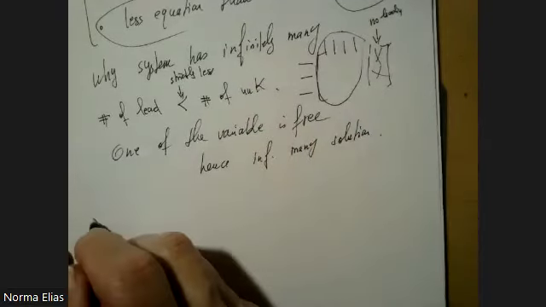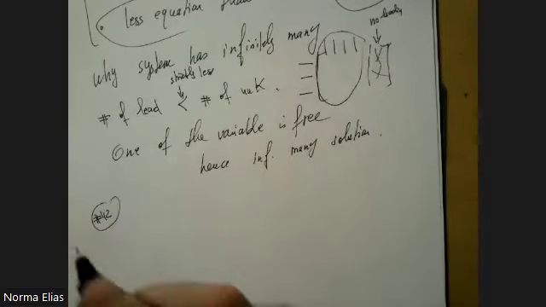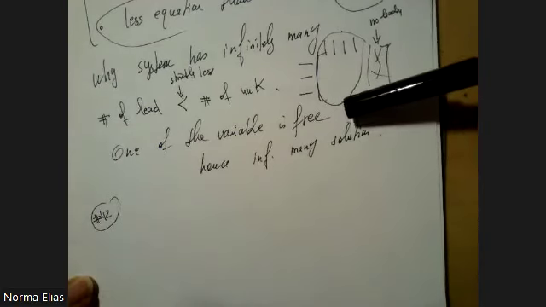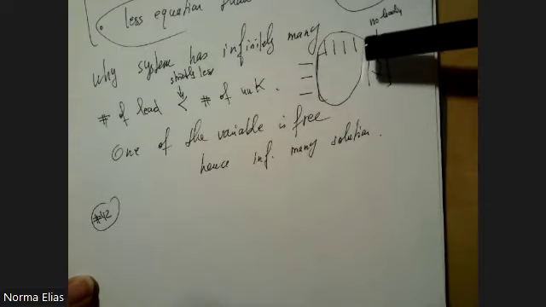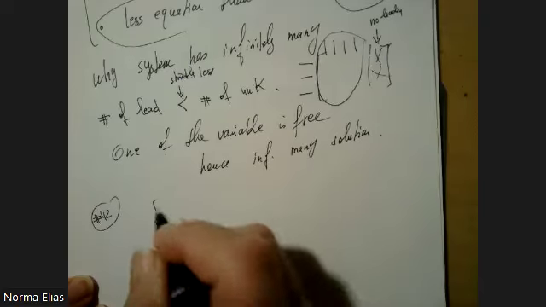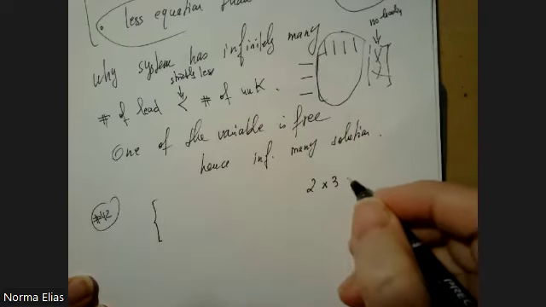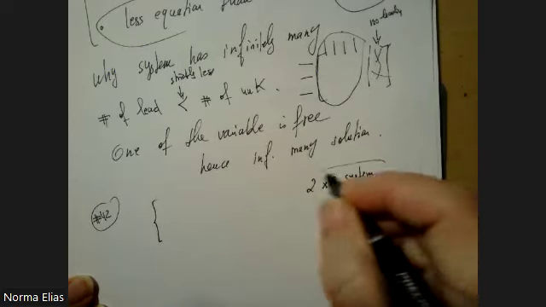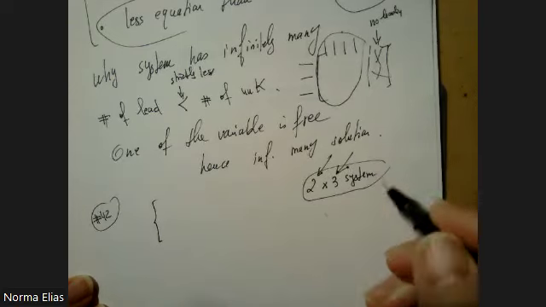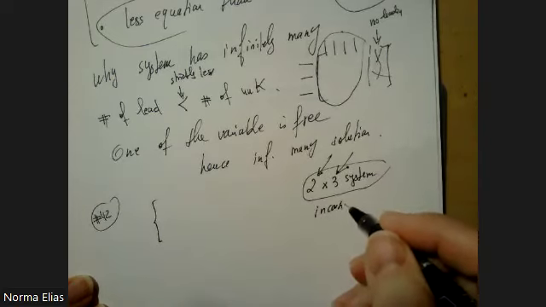Now, number 42 is asking the following. I'll read it slowly. Give an example of an inconsistent, indeterminate system of two equations and three unknowns. So I want an example of a 2 by 3 system, 2 equations, 3 unknowns, which is inconsistent.